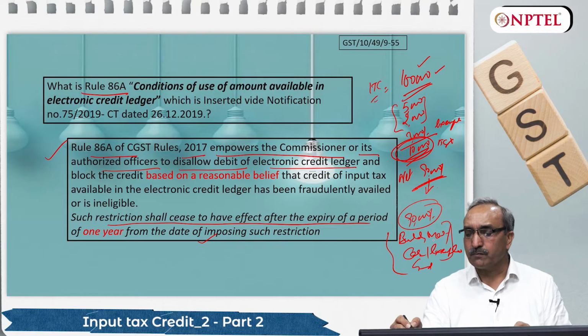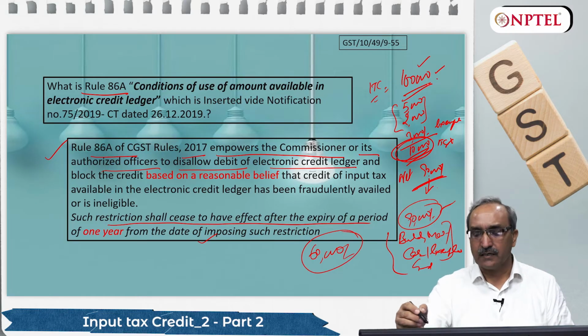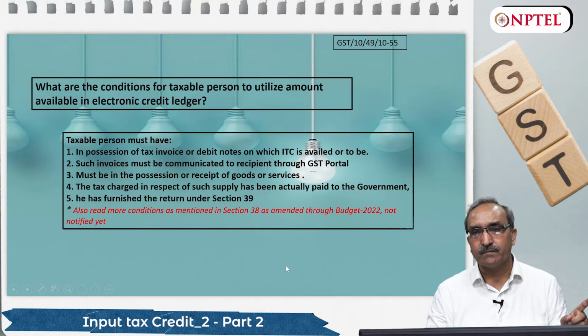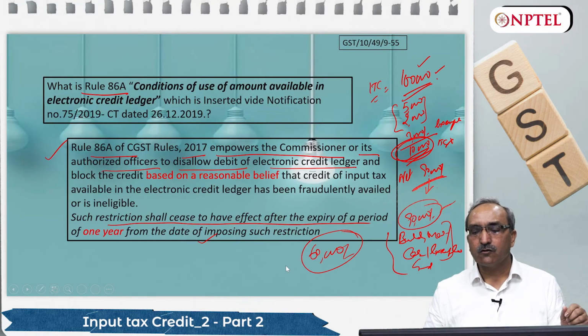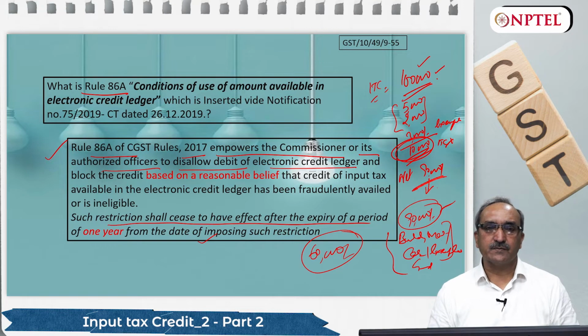If 90,000 pertains to these items, and you have debited your electronic credit ledger by 60,000 rupees, it means you have used 60,000 rupees out of this to pay your tax liability. To pay your tax liability, you have done a violation as per the law provision. You have done a fraud.